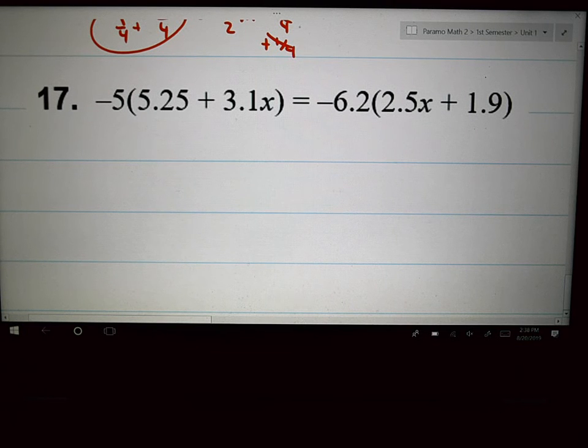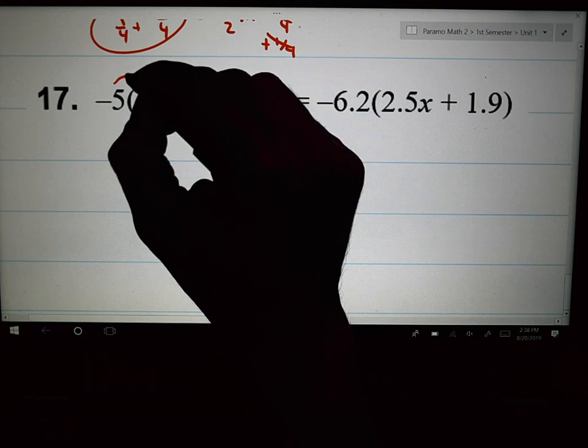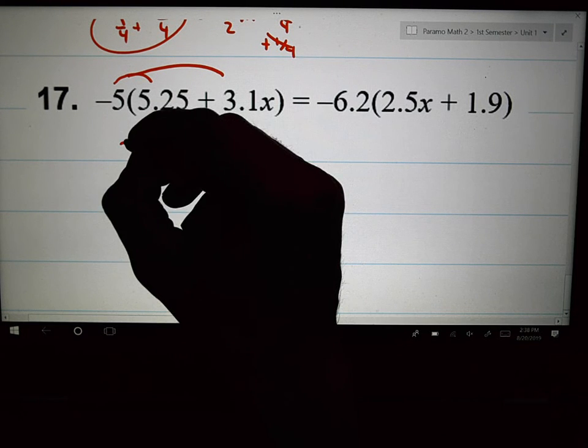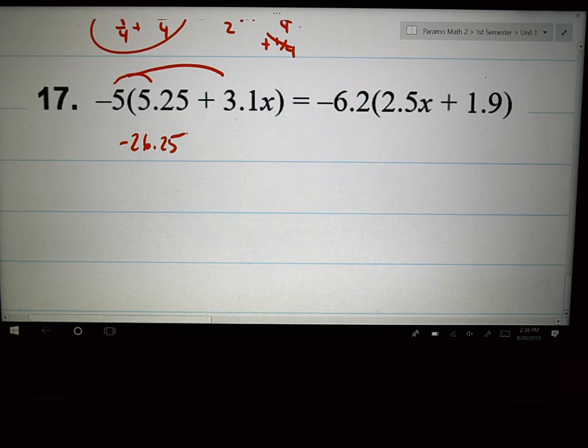I'm going to distribute this stuff first. And because I don't know what -5 times 5.25 is, I'm going to punch that in my calculator. -5 times 3.1 is equal to.